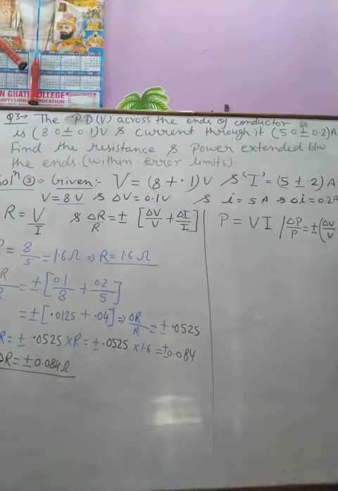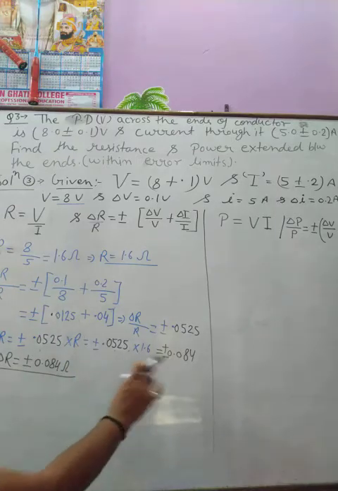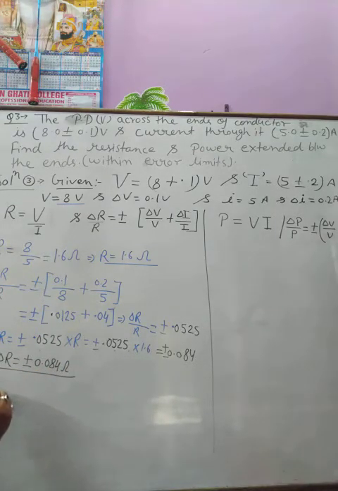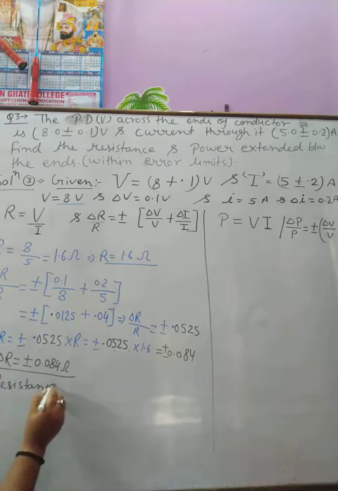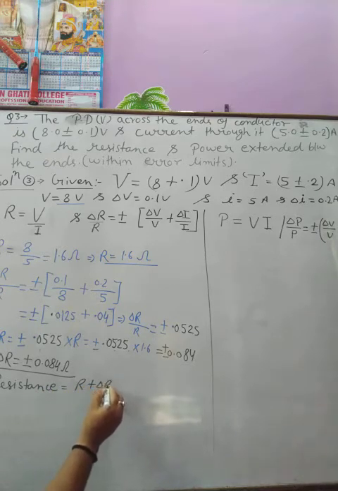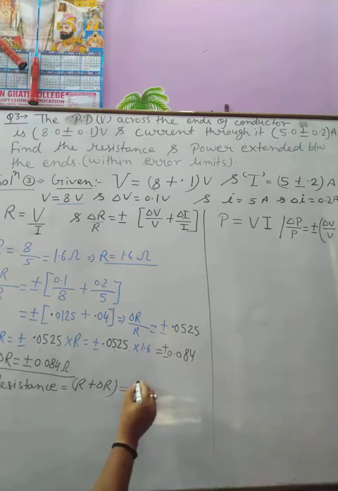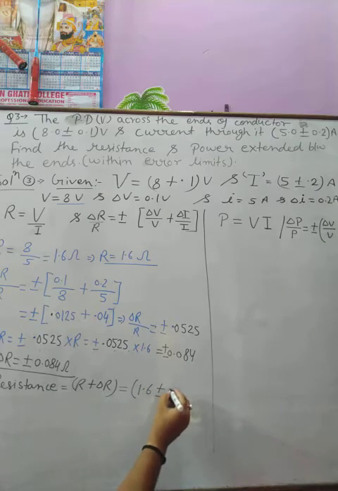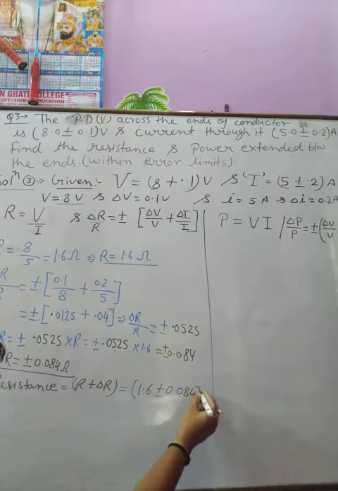Now on solving all these values we get the value of del R. Therefore resistance of conductor with error limit, this we have 1.6 plus minus 0.084 ohm. This is our first result.